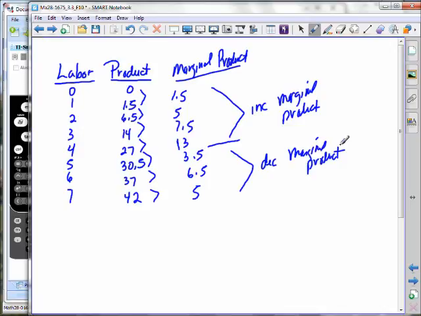So this marginal product is the derivative of what with respect to what? Which one of these gets the input variable and which one gets the output variable?